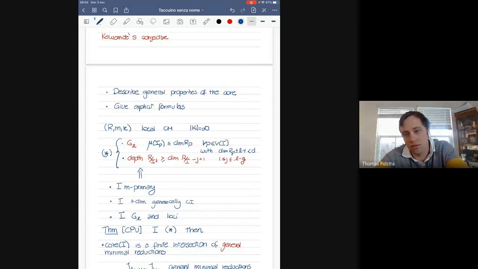But even without that, we think that it is much more general, that we need just much less. However, it will not be an intersection of general reductions. That we know. I have an example, I will show it next time.